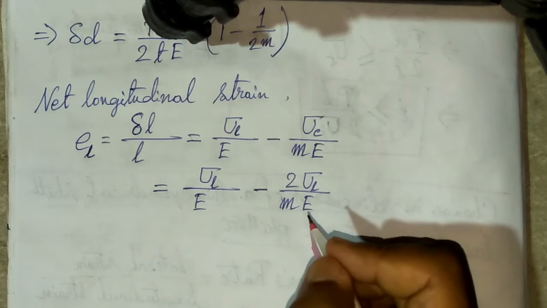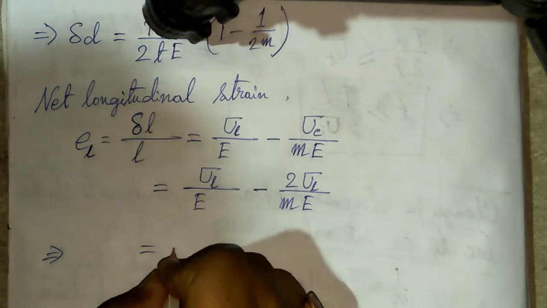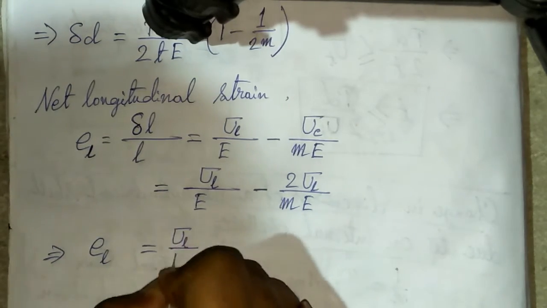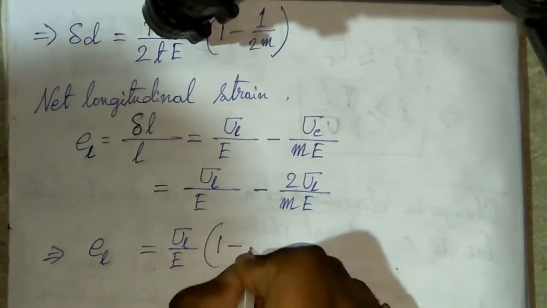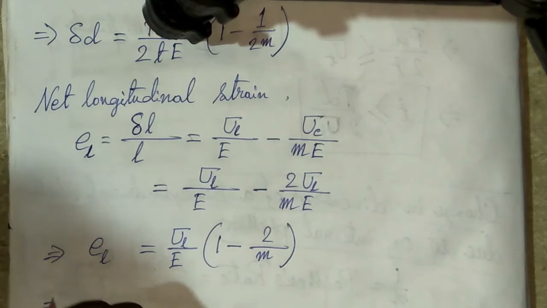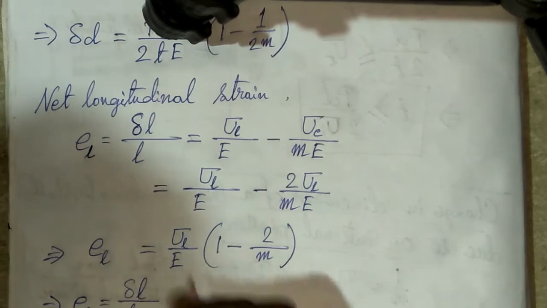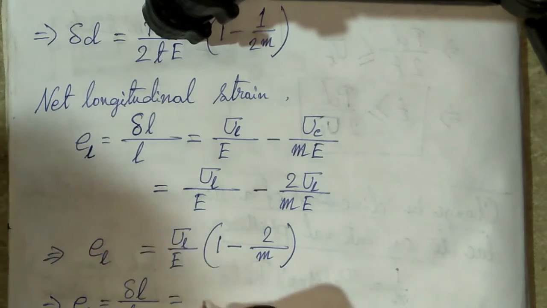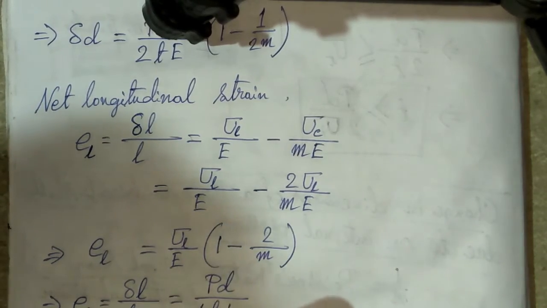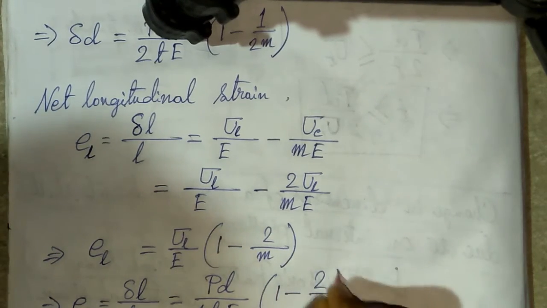So the value becomes e suffix L is sigma L by E into 1 minus 2 by m. So e suffix L, delta L by L, is equal to, with the value of sigma L as pd by 4t, pd by 4tE into 1 minus 2 by m.